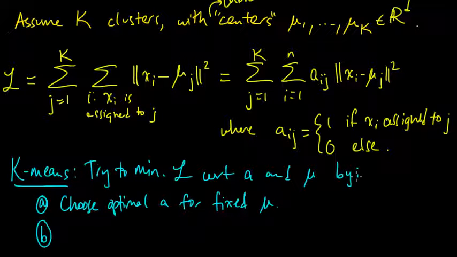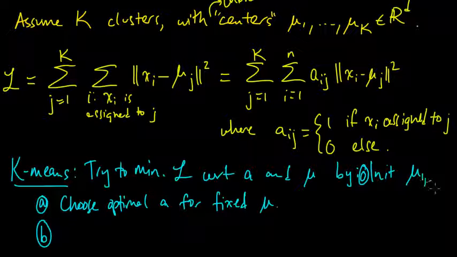So maybe there's an initialization step here. Step 0 is initialize mu 1 through mu k.